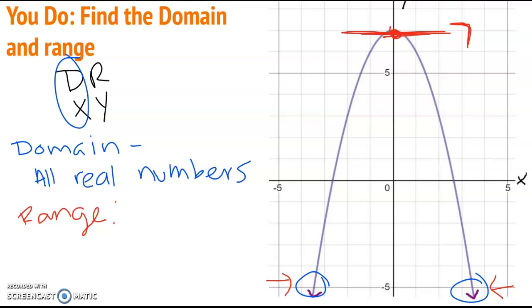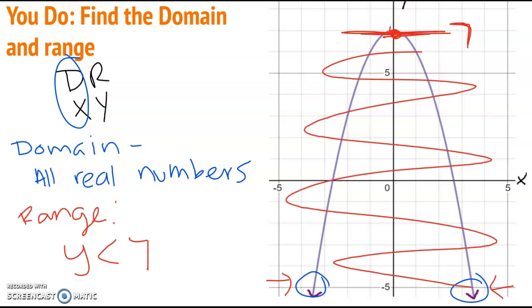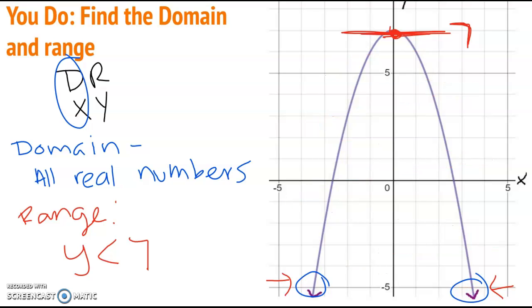My whole entire graph is below 7. So I know all of my Y values are going to be less than 7. Since my graph is below the highest point, which is 7, so you see how my graph is down below over here, I know it's going to be my less than symbol.